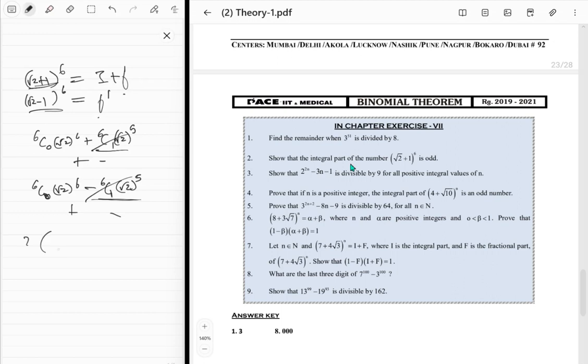So this will be 2 times 6C0 square root 2 power 6, which will be 2 power 3, and then you got 6C2 2 power 2, and then you got 6C4 2 power 1, because square root 2 power 2 will be 2 power 1, and then you got 6C6, which is just 2 power 0, right?